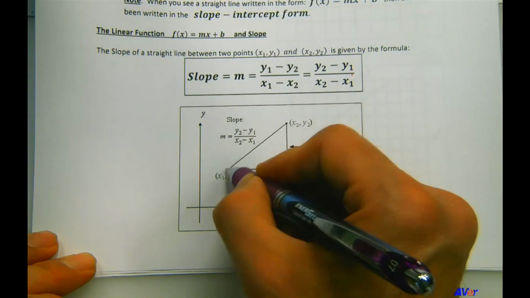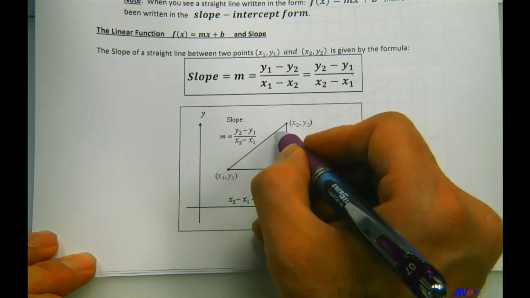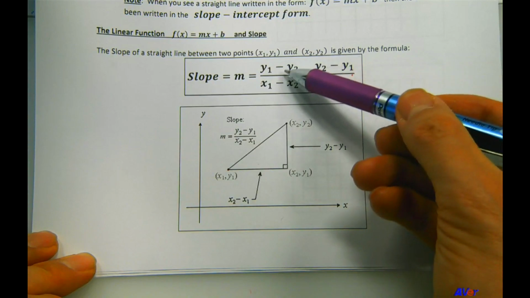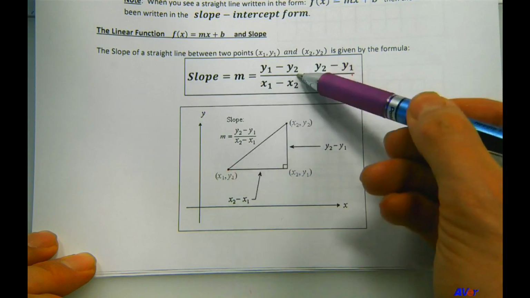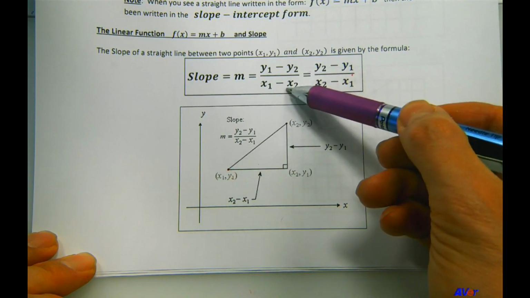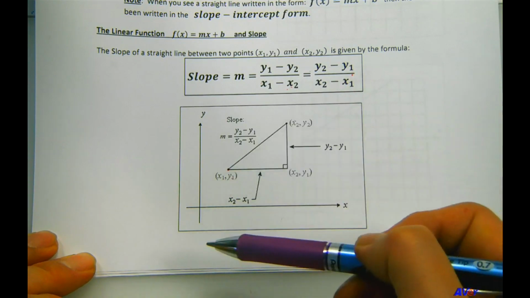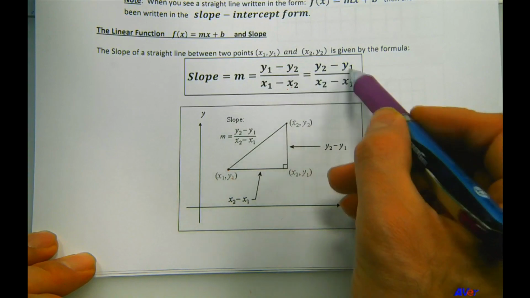So this is just saying, if you have 2 points with a straight line connecting them, the slope of the straight line connecting those 2 points can be found by subtracting the y components of those points and dividing that quantity by the difference between the x components of those points. So why do we have y1 minus y2 and y2 minus y1?